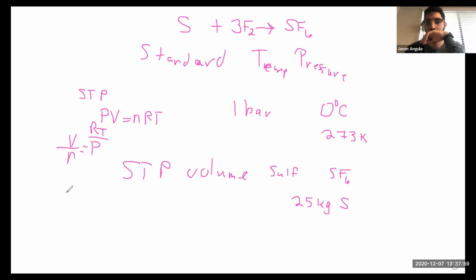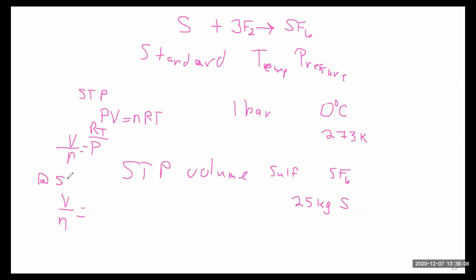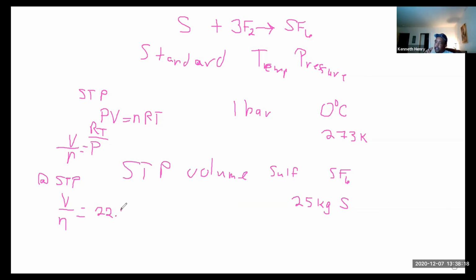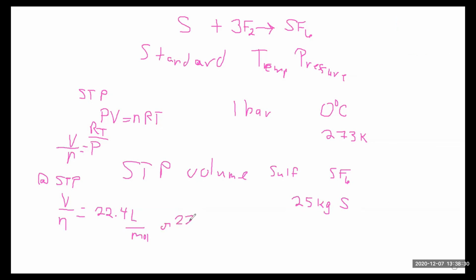We know that molar volume at STP is always going to be the same. Depending on how you calculate it, it's either 22.4 liters per mole or 22.7 liters per mole.